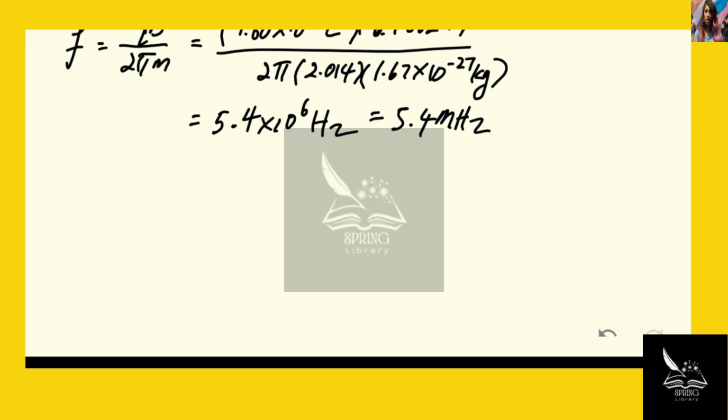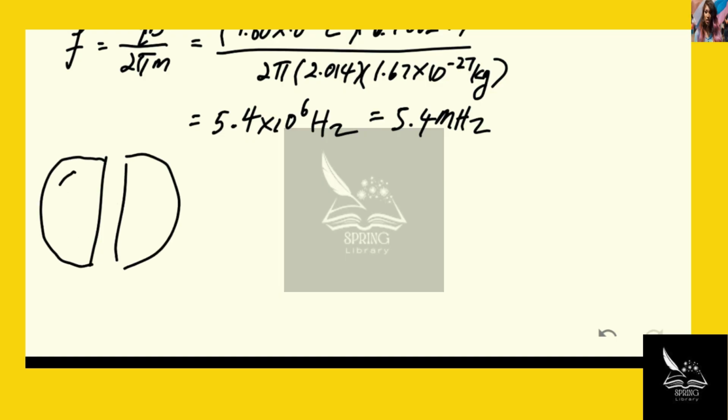Now we are given that the potential difference is 22 kilovolts, right, between the D's, and we want to find how many revolutions the particles will make. Now we know that the D's are situated as such, and so for each revolution, the particle will actually pass through the potential difference twice, right?